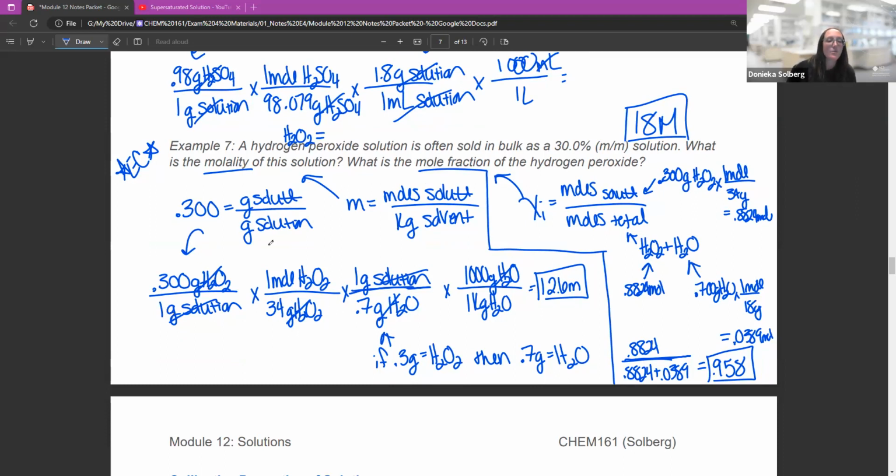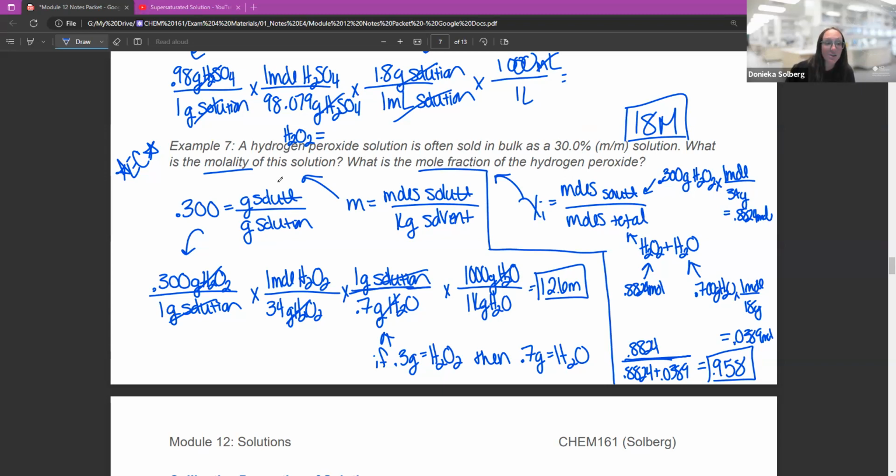And then I need to get from grams of solution to kilograms of solvent. So to get rid of my grams of solution, I put 1 gram of solution. So how much of my solvent is in every 1 gram of solution? Well, I know based on my percentage that 30%, or 0.3 grams for a 1 gram solution, is H2O2. So the rest must be solvent.